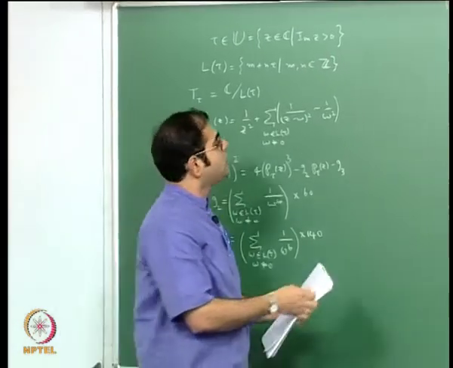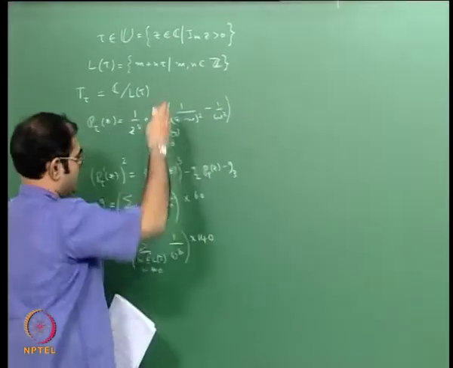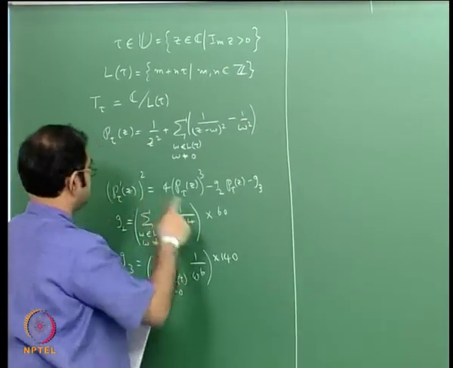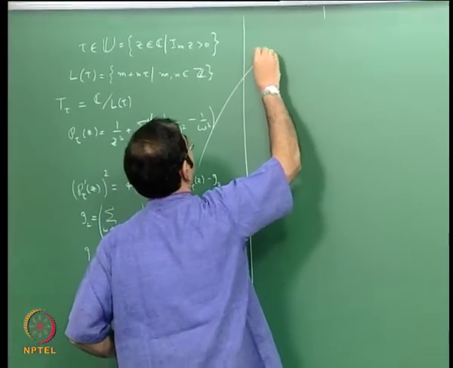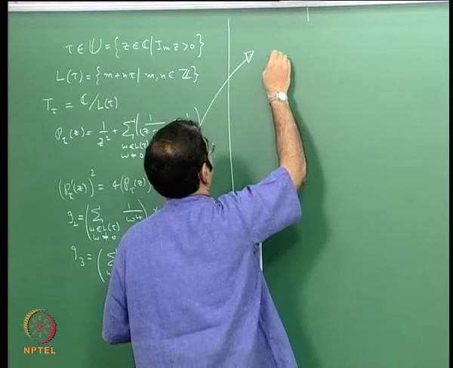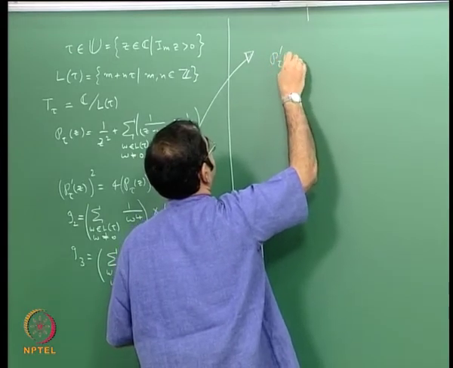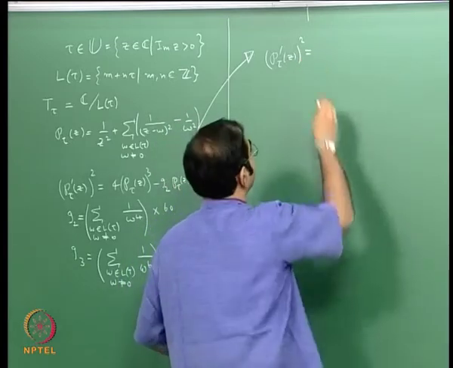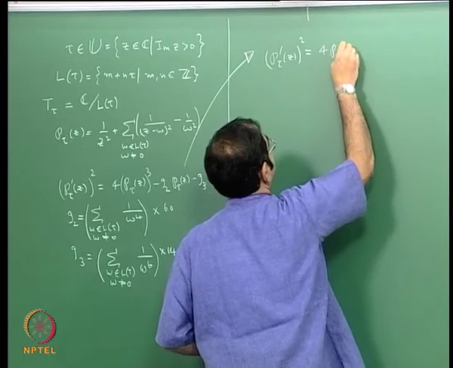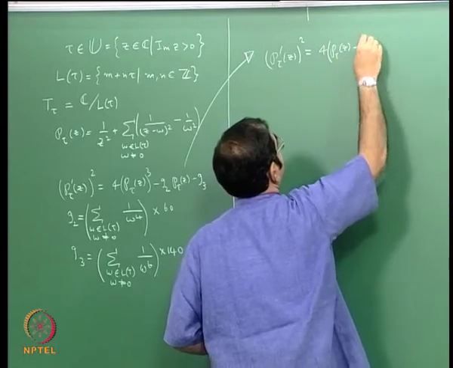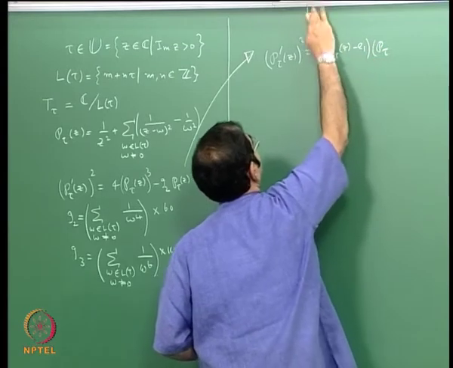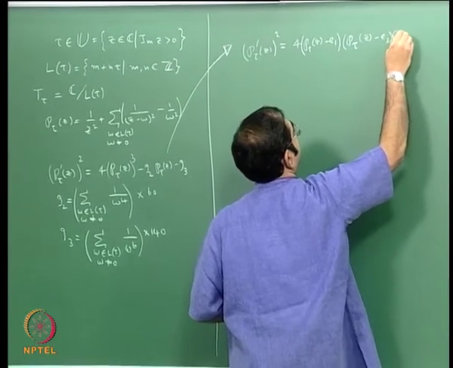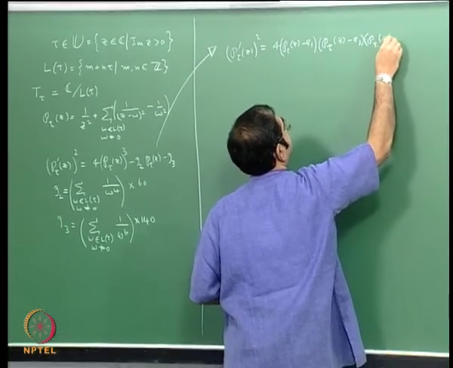To begin with, this is to recall, but now let us take this differential equation and write it in the following form: p prime tau of z the whole squared is equal to 4 times p tau of z minus E1 into p tau of z minus E2 into p tau of z minus E3.